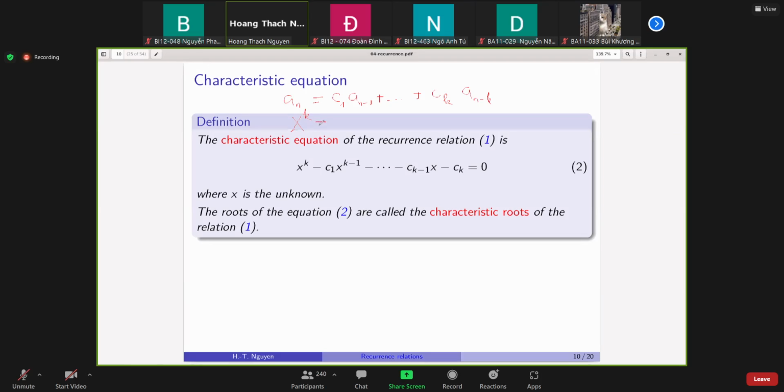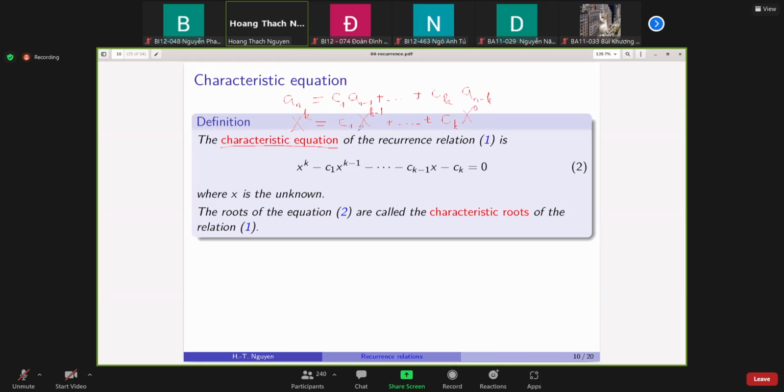The characteristic equation, which is its name, of this relation, you can find by writing x^k equal to C1 x^(k-1) plus etc. plus C_k, where x to the power 0 is 1.